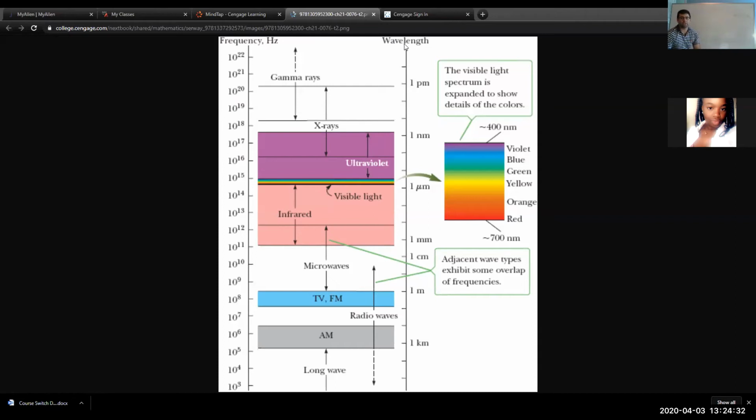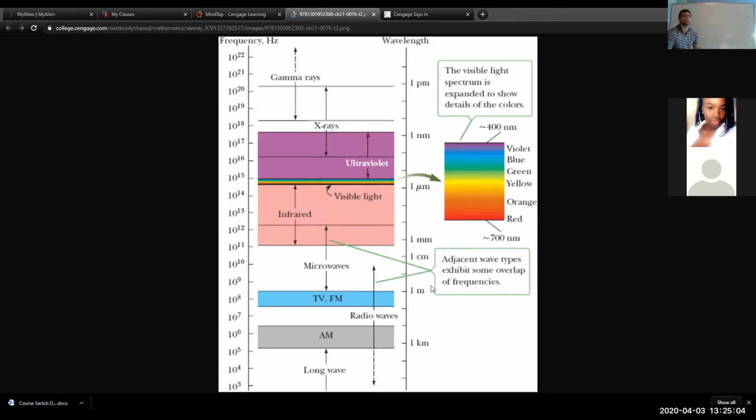And then you have the wavelength, in picometers, nanometers, micrometers, millimeters, centimeters, meters, and kilometers. This means that the wavelength increases as you go down, and on this one, frequency goes up as you go up.